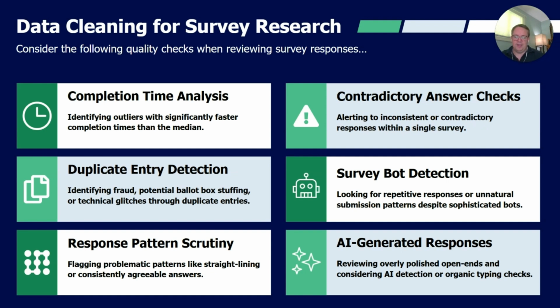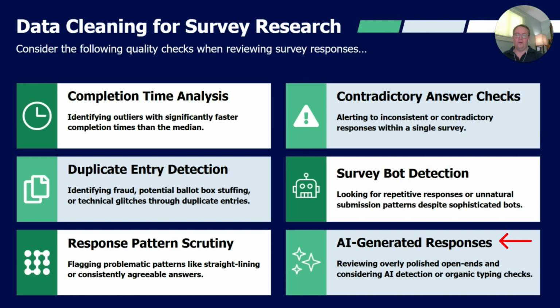Lastly is AI-generated responses. Everybody nowadays has access to AI tools to generate open-ended responses. A lot of them we'll find are just copying and pasting question answers. They'll paste the question into AI and then paste the answer back into the survey. So there are some things you can do to proactively detect pasting a survey instead of organically typing it.